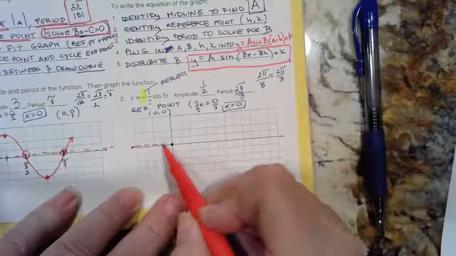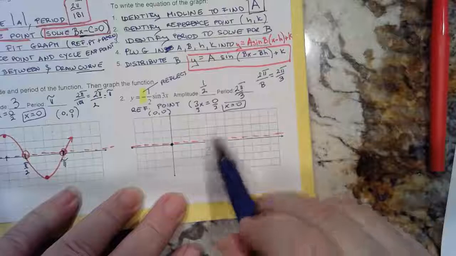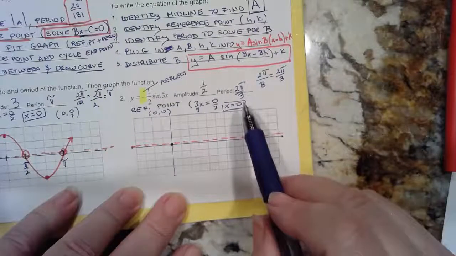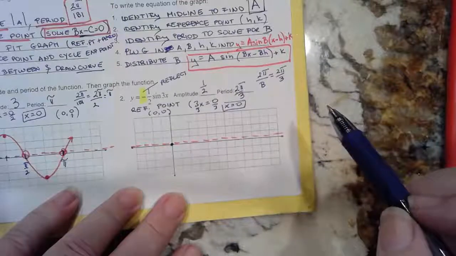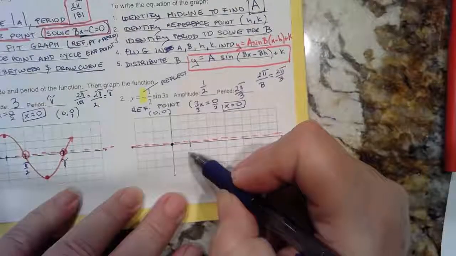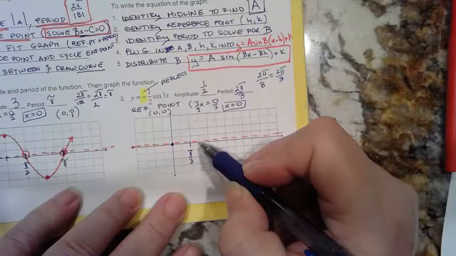My midline, again, it's just going to be in the middle. My period is 2 pi over 3. Now remember what I said. We always want to count by 4s because that's easier to plot the sine function. So 2 pi over 3. So I'm going to count 1, 2. This is going to be my pi over 3. And then 1, 2.